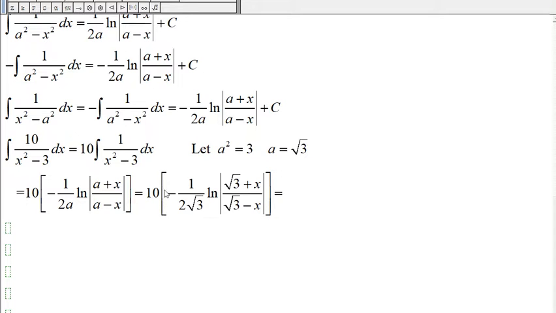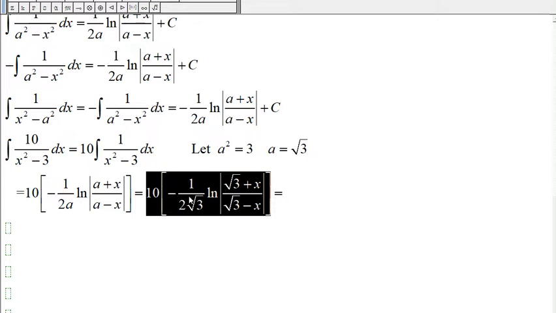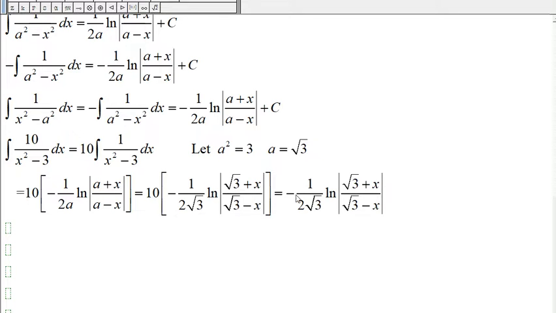And then 10 divided by 2 is 5. So we end up with -5 dividing by the square root of 3, and then times all of this.